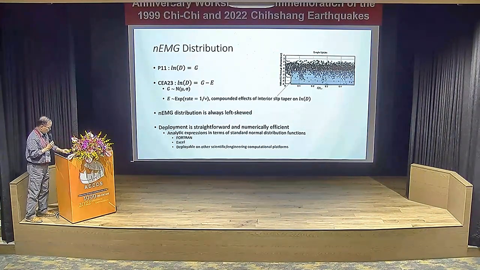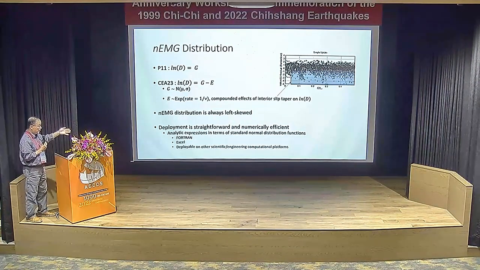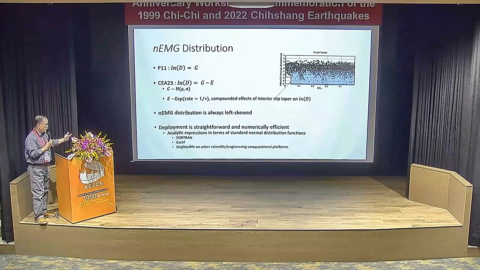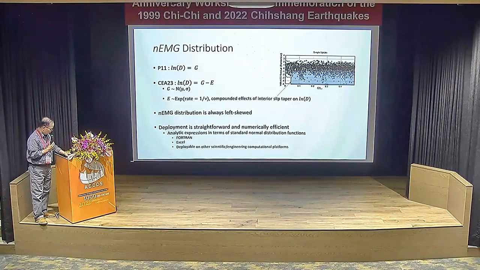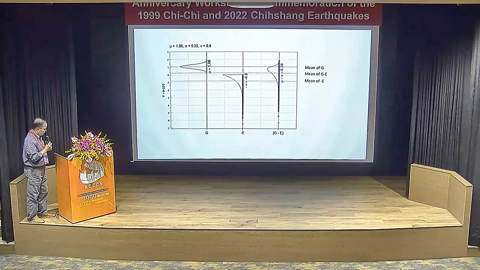So this is something that can easily be implemented in Fortran, even in Excel. And if you have other scientific engineering computational platforms such as MATLAB, there are built-in functions to do the calculation. Okay, so I'll probably skip this one.